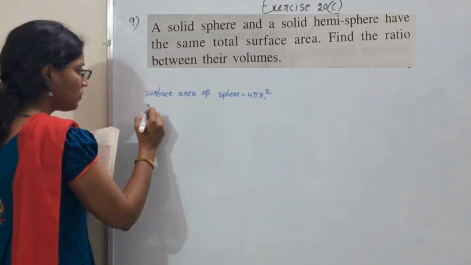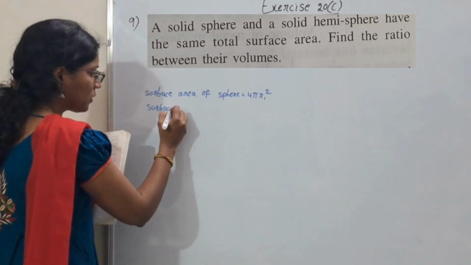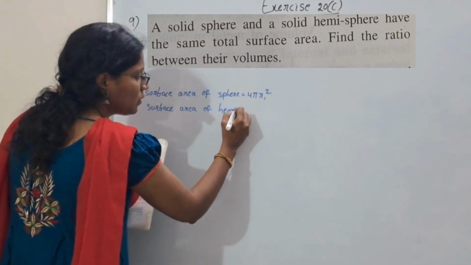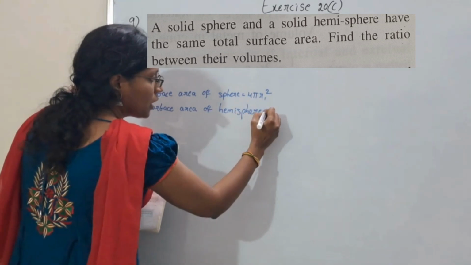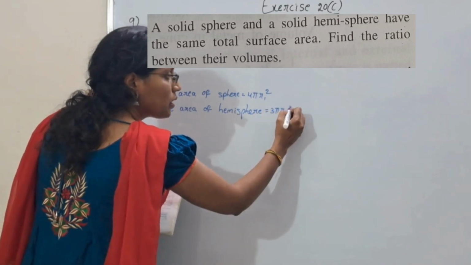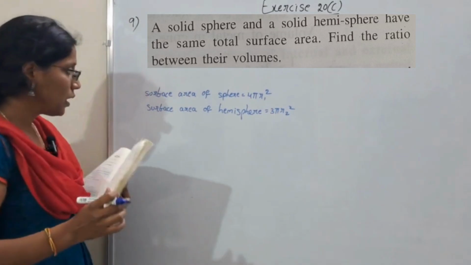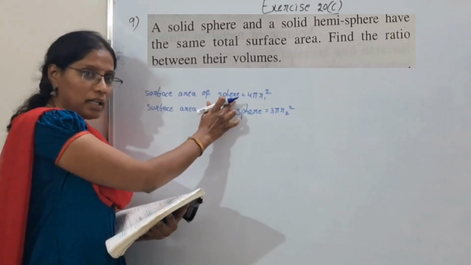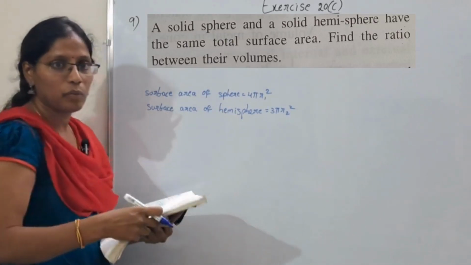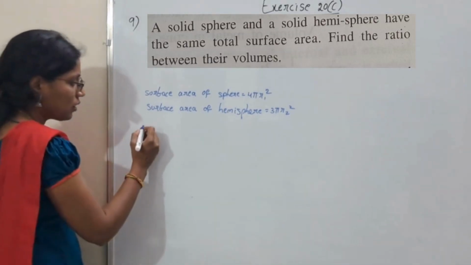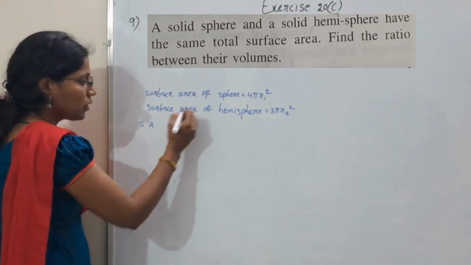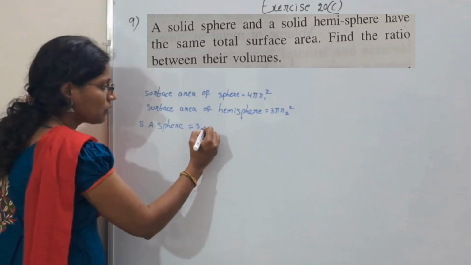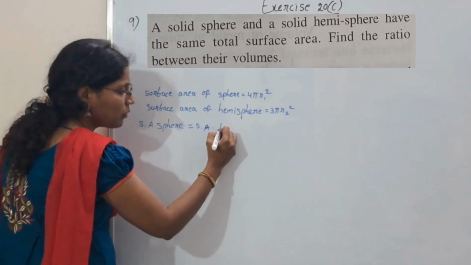Next, surface area of hemisphere is 3 pi r2 square. For difference purpose I wrote r1, r2. Next, here what they gave condition. Here surface area of the sphere is equal to surface area of the hemisphere. Both equal they have given.